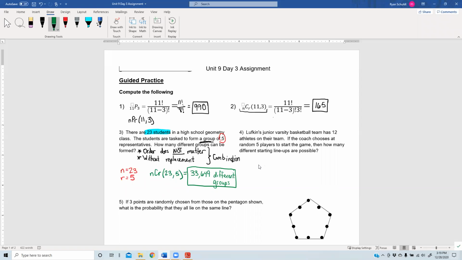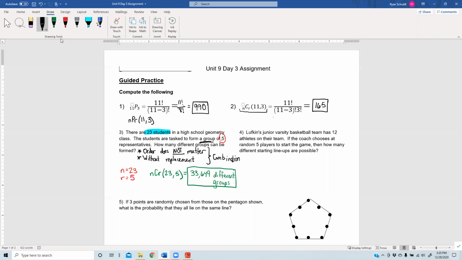Okay, number 4. Lufkin's JV basketball team has 12 athletes on their team. The coach is going to choose 5 players to start the game at random. How many different starting lineups are possible? Well, let's see.